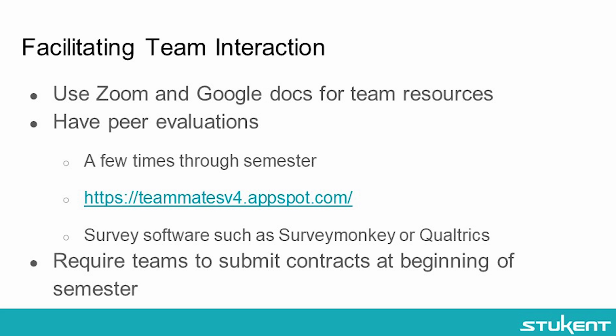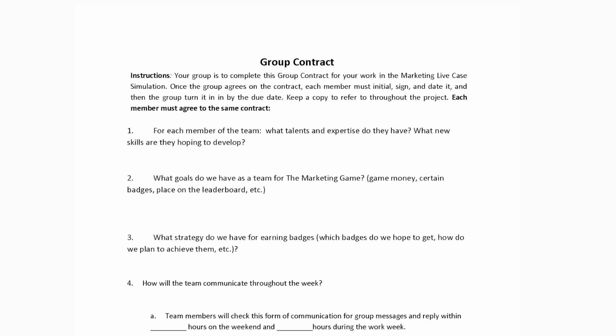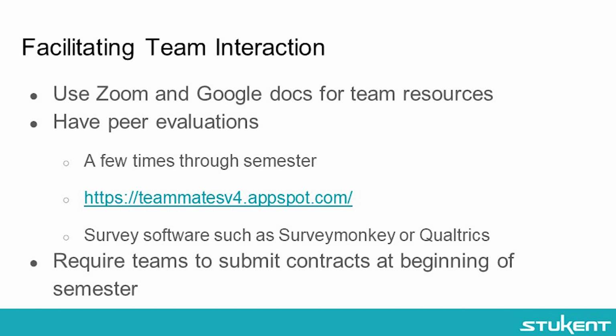And when you're doing an online class with peer evaluations, another idea that goes along with this is to do a team contract at the very beginning. This has really helped to set expectations during the first couple of weeks, and we have a template of that uploaded for you as a resource. So I highly recommend setting up a team contract at the very beginning.